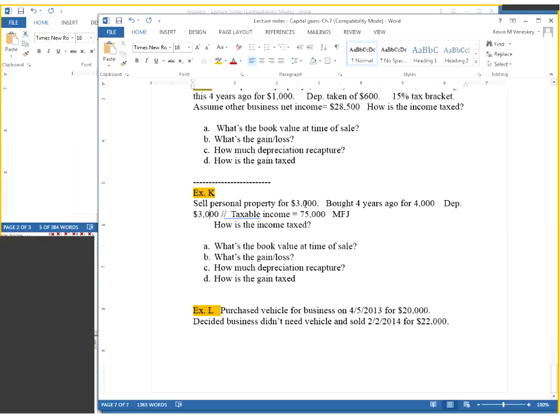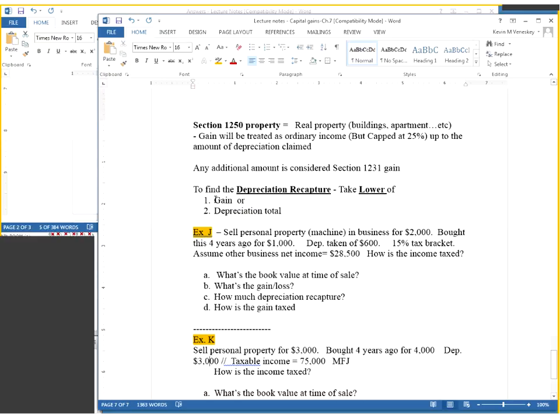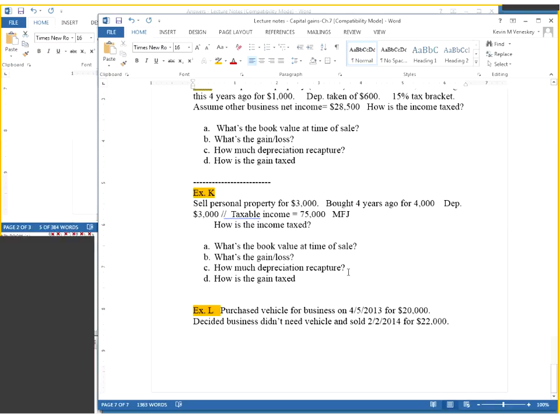I sold it for $3,000, so I have a $2,000 gain. How much of the depreciation is recapture? Take the lower of the gain, which was $2,000, or the depreciation, $3,000. So all of the gain is depreciation recapture and taxed at the regular rate.